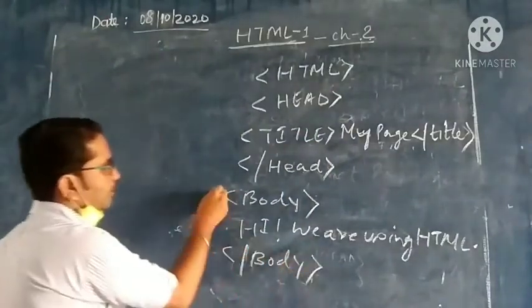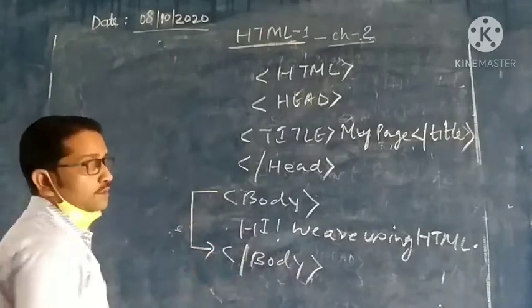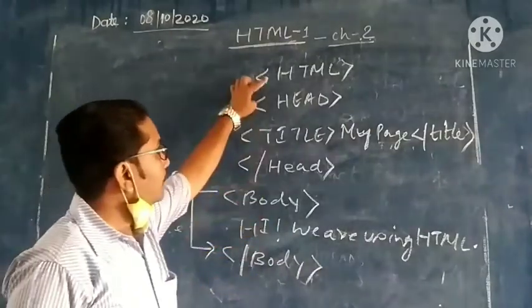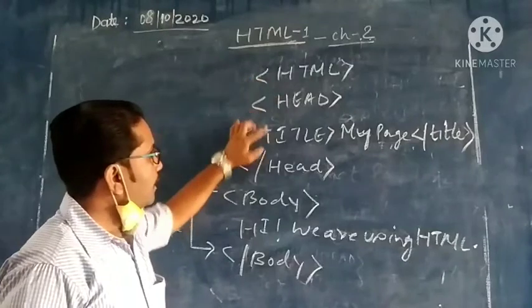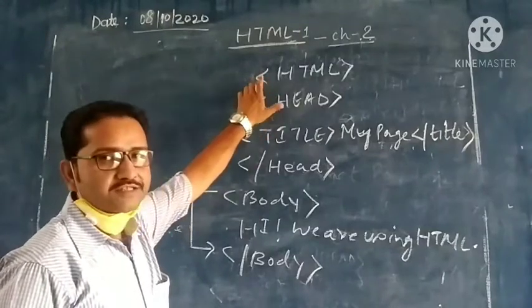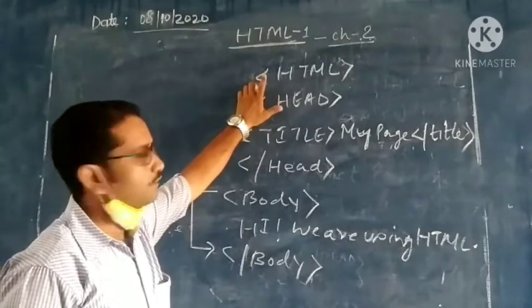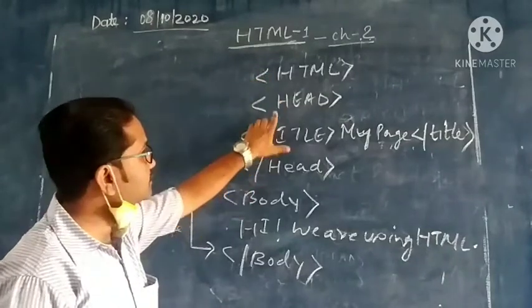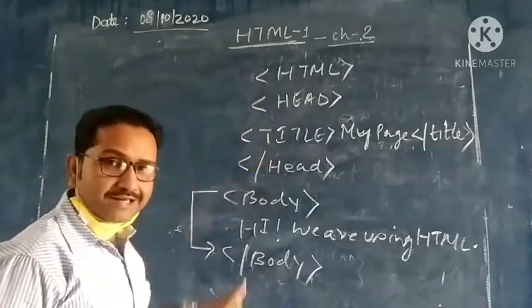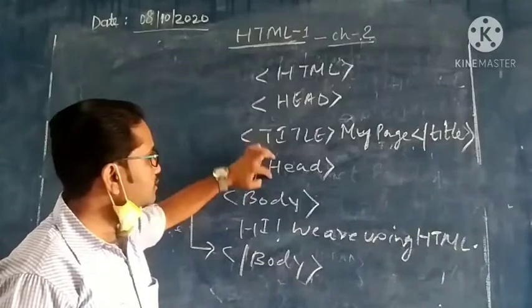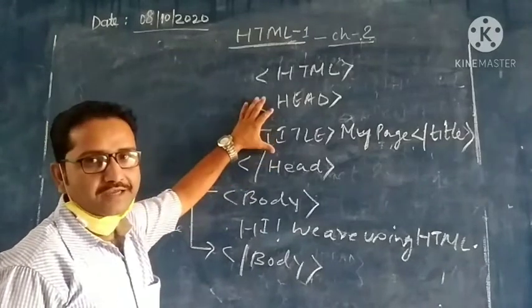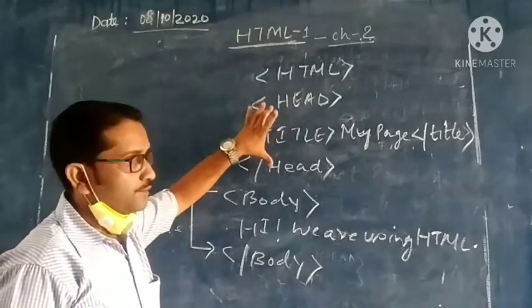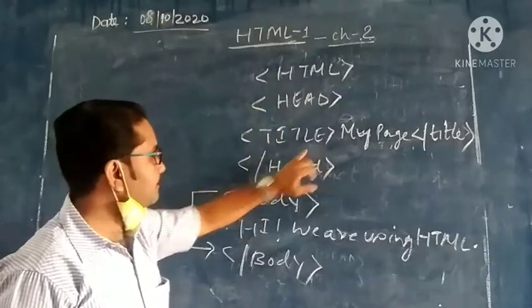Now see, the body starts and the body closes. After that, HTML, the basic tag of HTML, is closed at last, but head is closed after the title. Within this head, title will come.